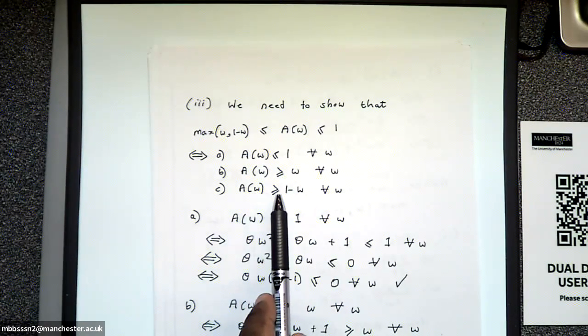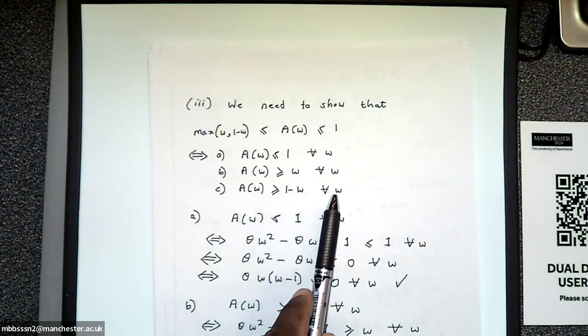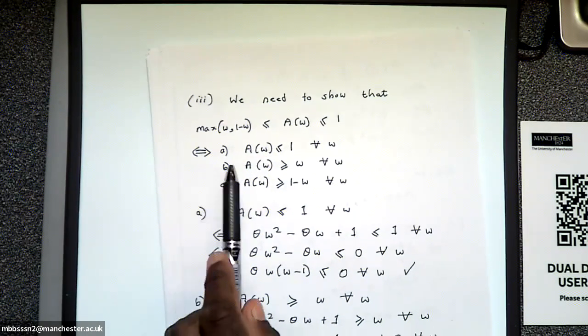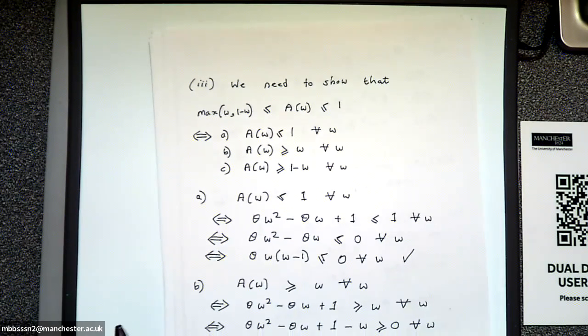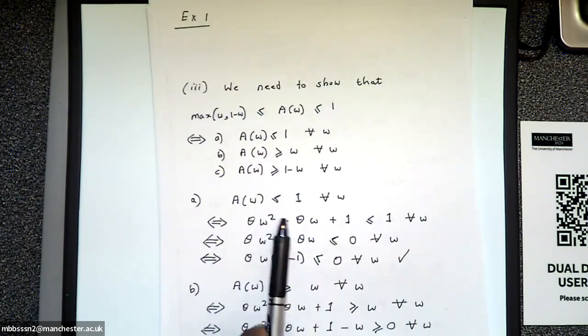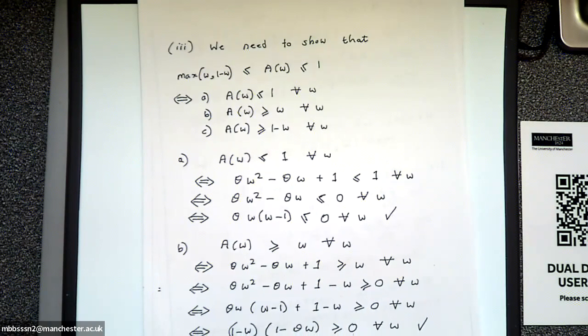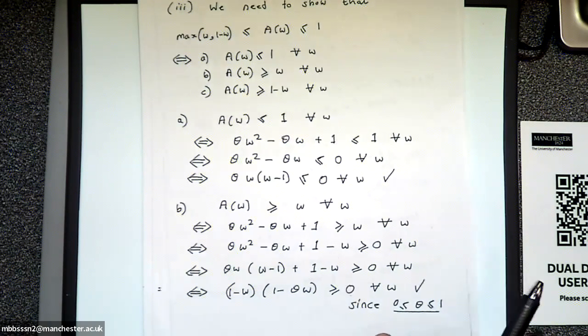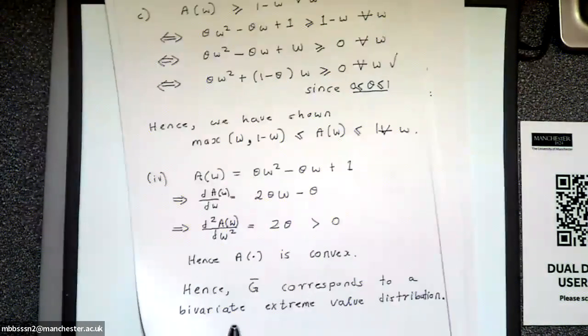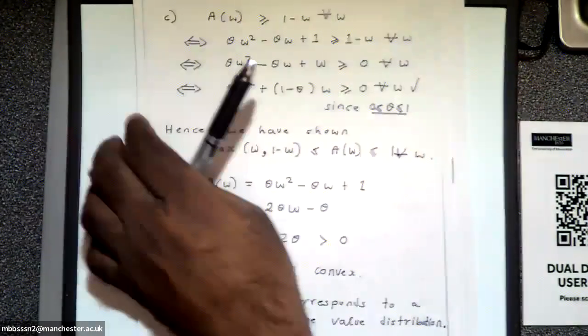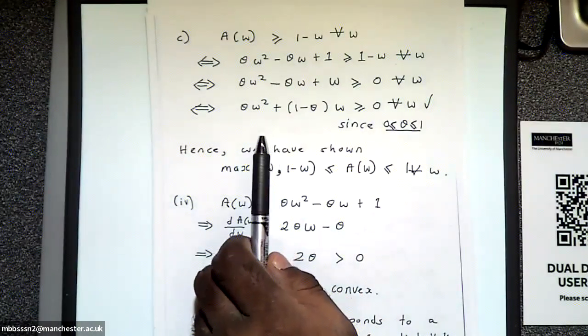A of omega is greater than or equal to 1 minus omega for all omega. So I call these A, B, and C. And A is proved here, and B is proved over here, and C is proved over here, right?